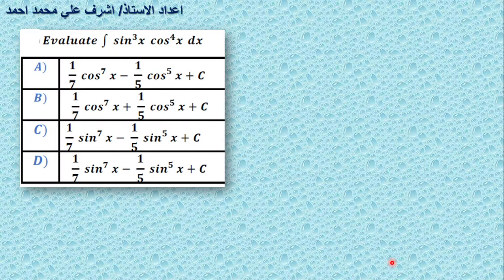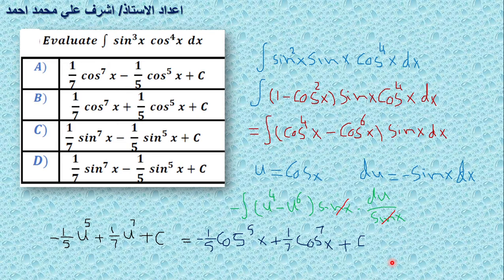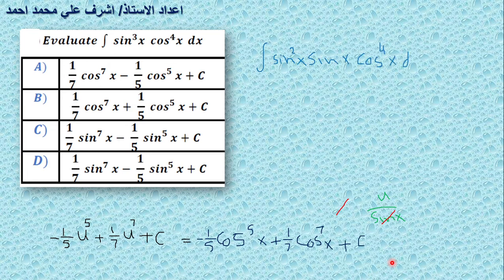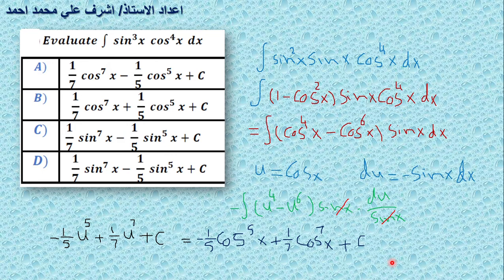Next, evaluate the integral of sine cubed x cosine to the power 4 x dx. Now we have an odd power on sine and an even power on cosine. In this case, I'll take one common factor from the odd power.